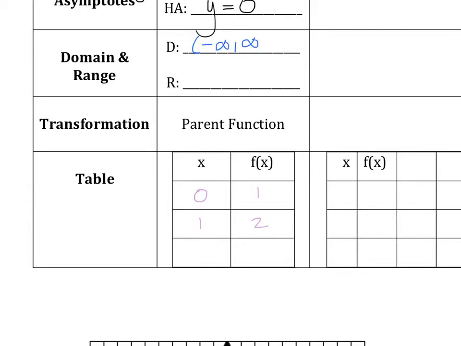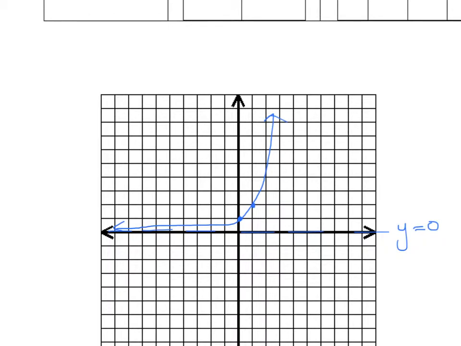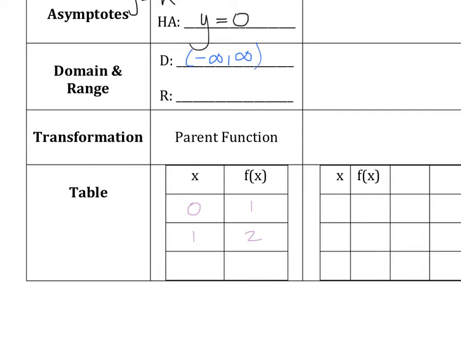But my range is going to be limited. If you look closely at your graph, it's not going beyond this asymptote. So my range from bottom to top would be from 0 all the way up to infinity. And since my graph is not touching the asymptote, it's going to be from 0 to infinity, where 0 is not included. And that would be my parent function.